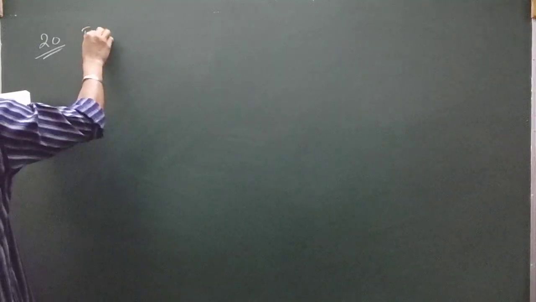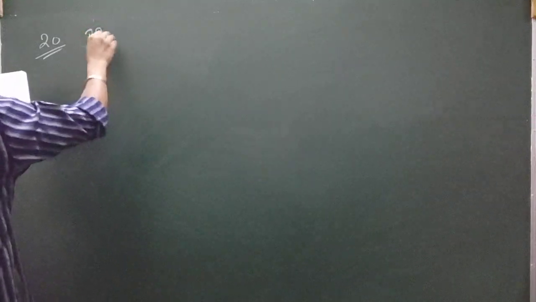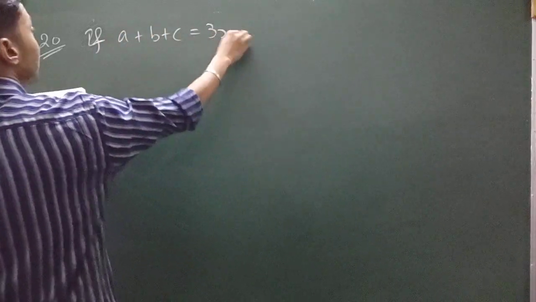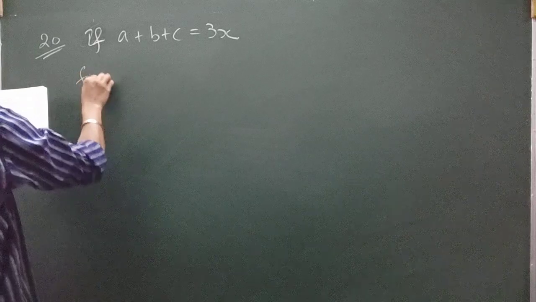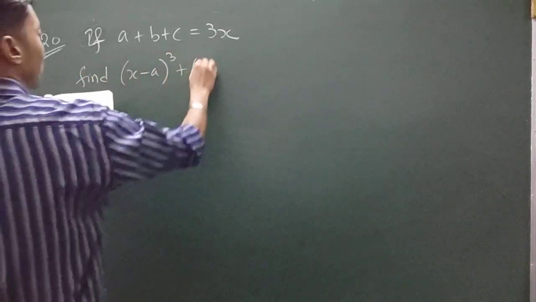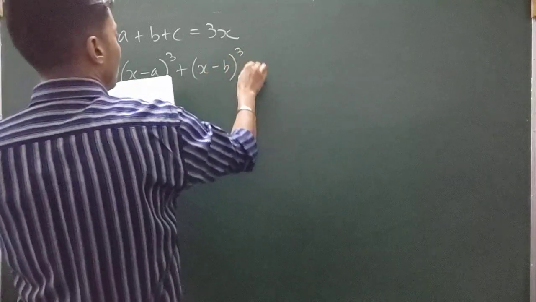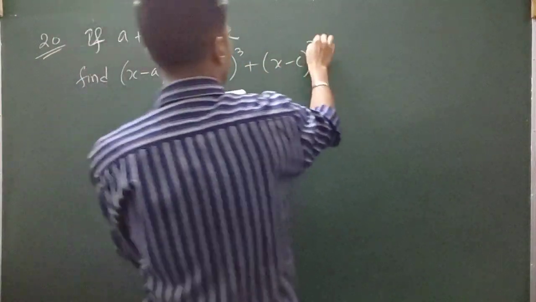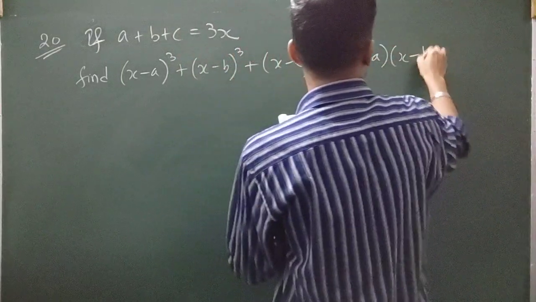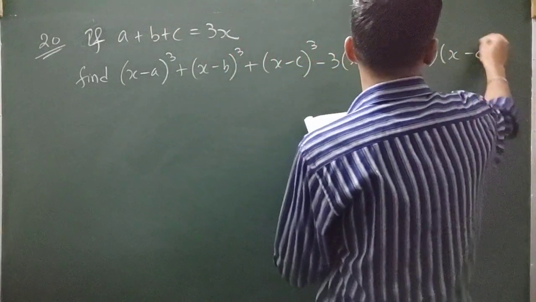That is like if a plus b plus c is 3x, then they're asking again find x minus a whole cube plus x minus b whole cube plus x minus c whole cube minus 3 into x minus a, x minus b, x minus c.